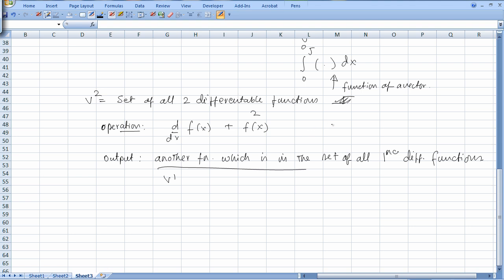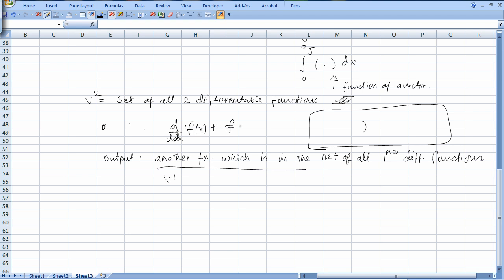Okay, and you can see this operation d/dx of stuff plus whatever it is squared is my function. So this is where the inputs go. So d/dx of stuff plus stuff square.